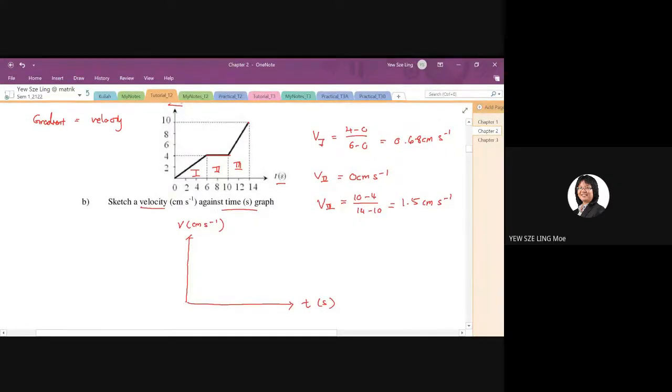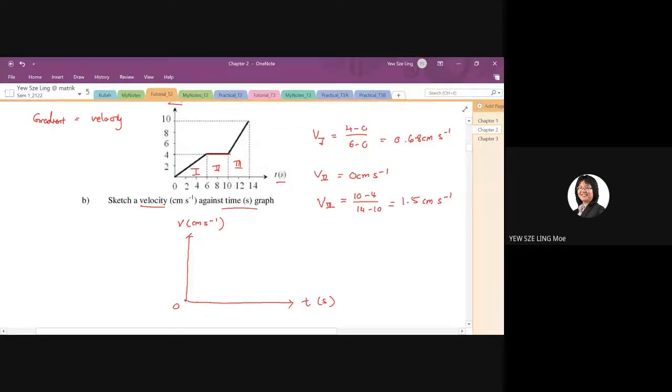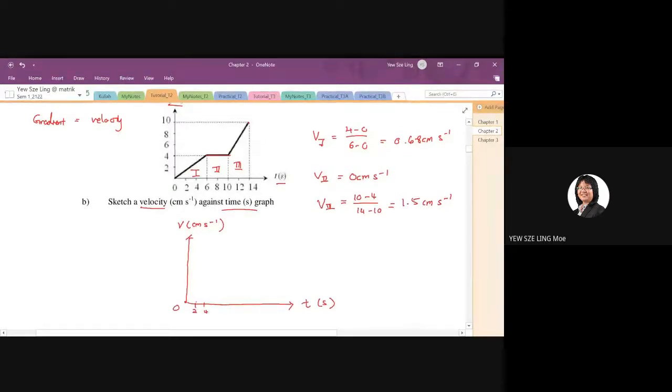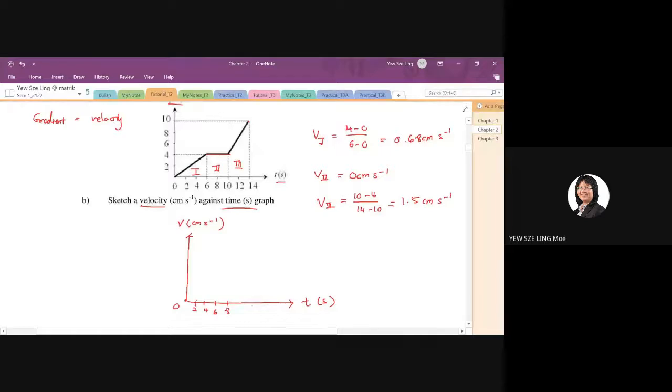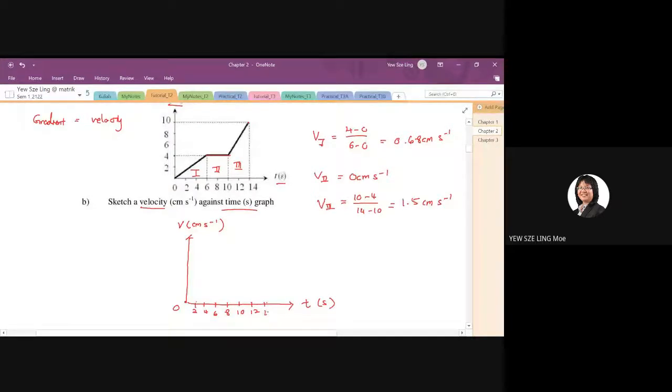This is 0. From here, I have 2 seconds, 4 seconds, 6, 8, 10, and then 12. I have 14 here.